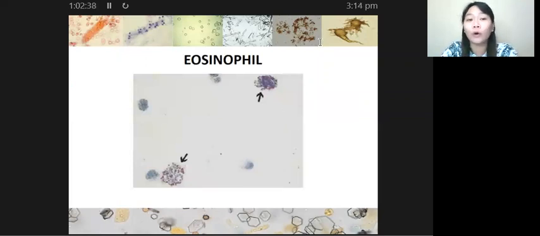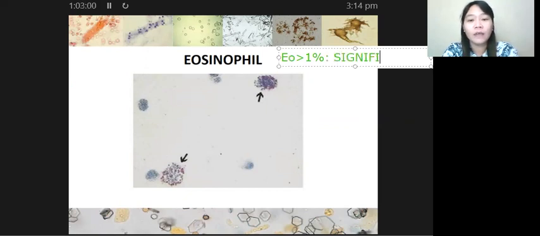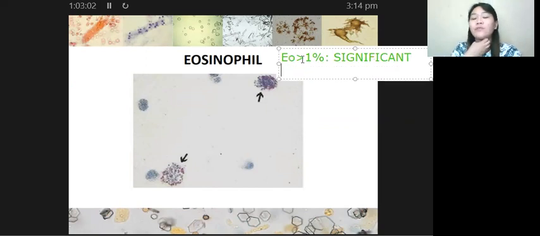Take note of the significant value: an eosinophil differential count greater than 1% is considered significant, and it usually indicates interstitial nephritis, just like I mentioned a while back.